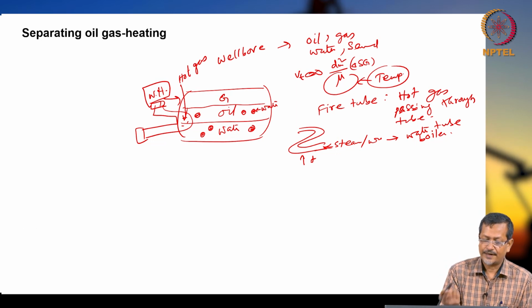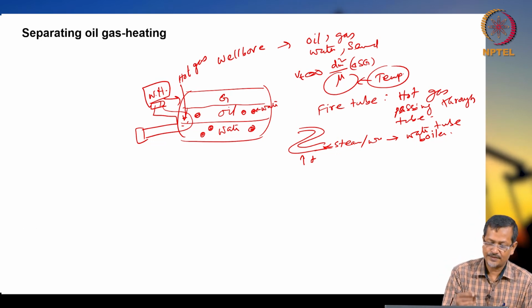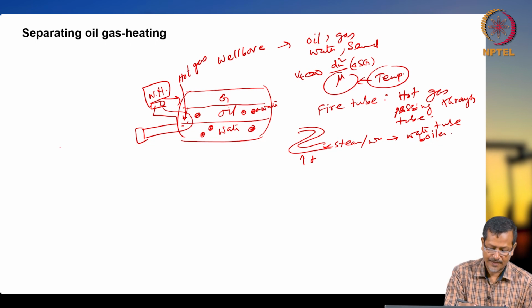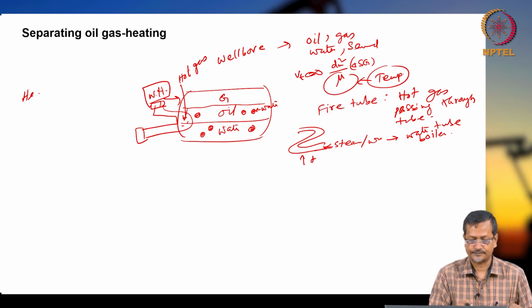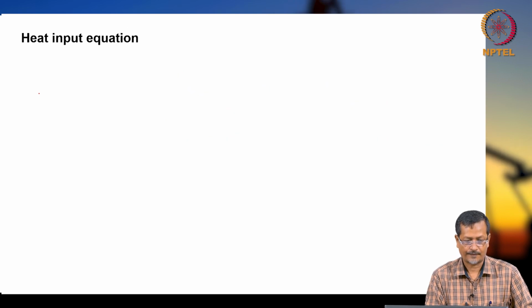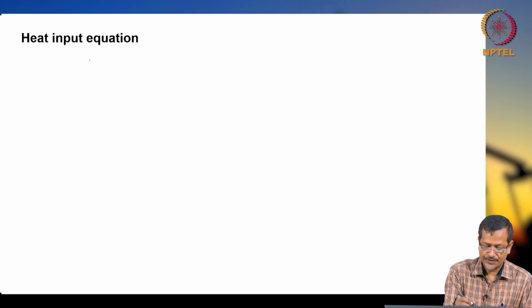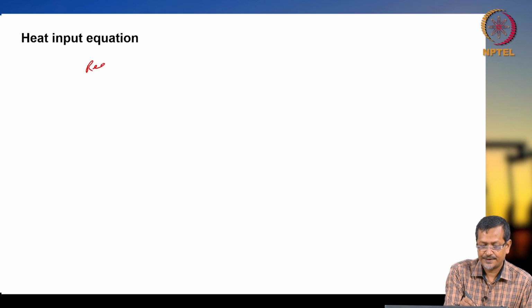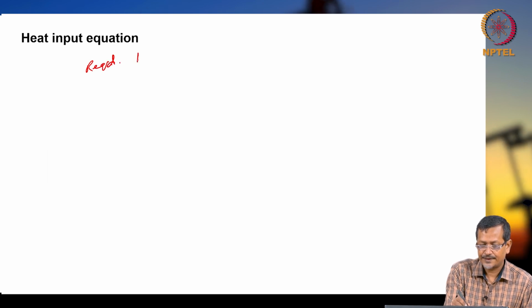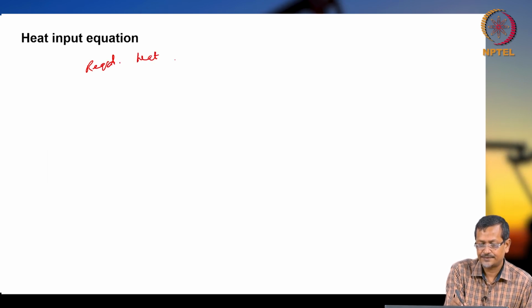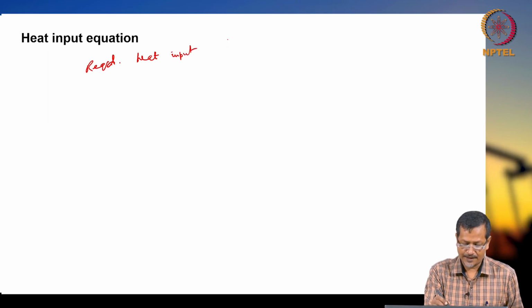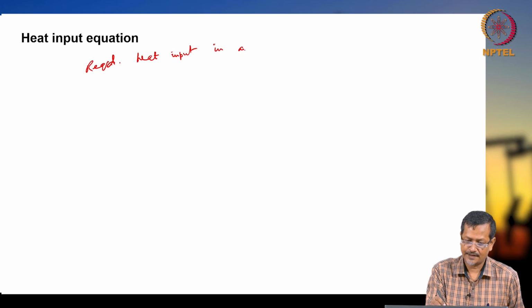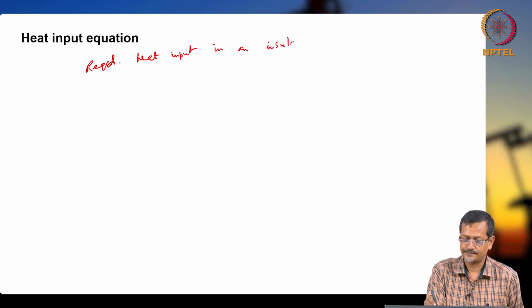Now when you are heating, how much heat will be required? There are some formulas, and we will try to solve some problems. The heat input equation: the required heat input in an insulated vessel.